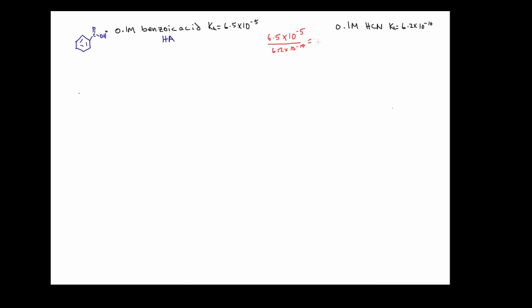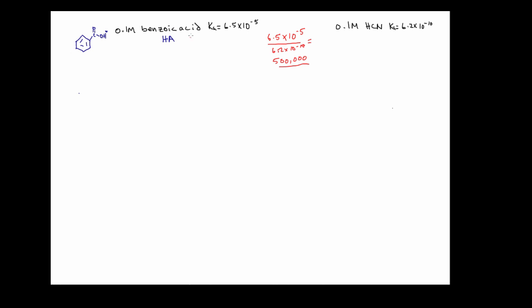We get a value that's about 500,000. What that means is that the equilibrium on the left, the benzoic acid, dominates the equilibrium on the right by about 500,000 times. So that allows us to calculate the pH off of the benzoic acid.